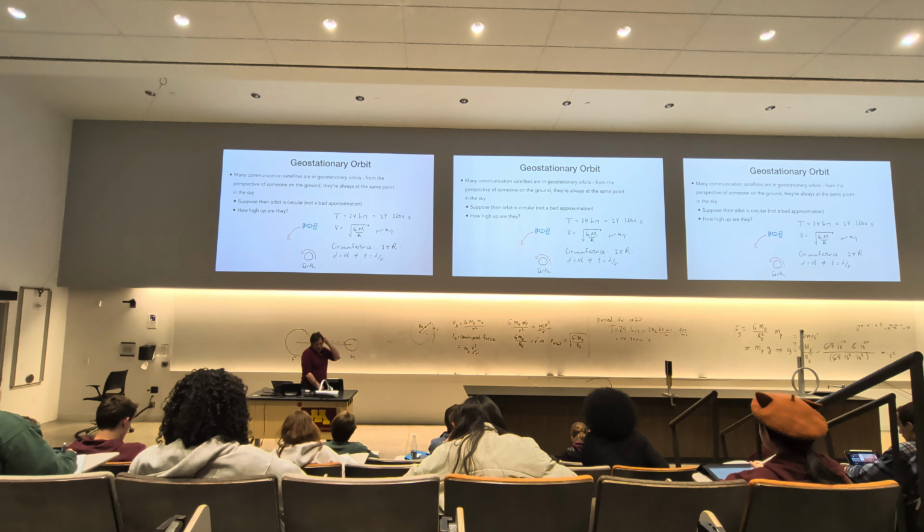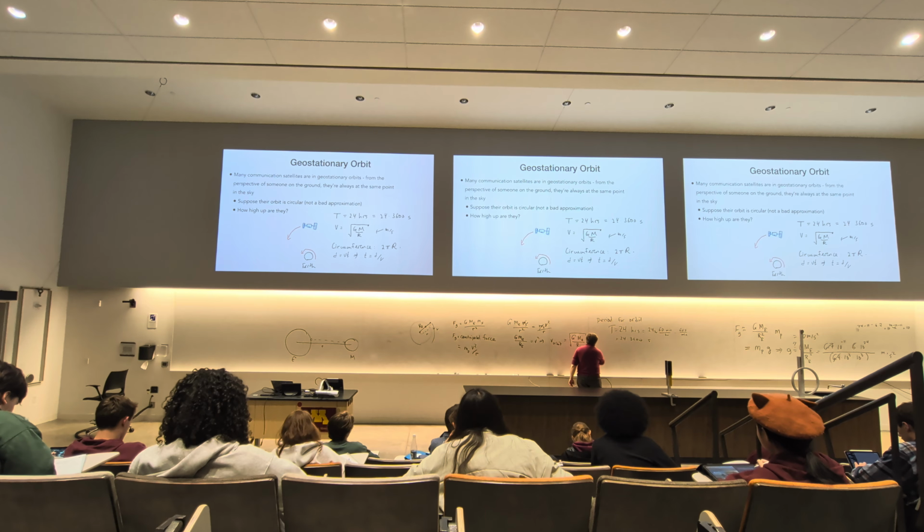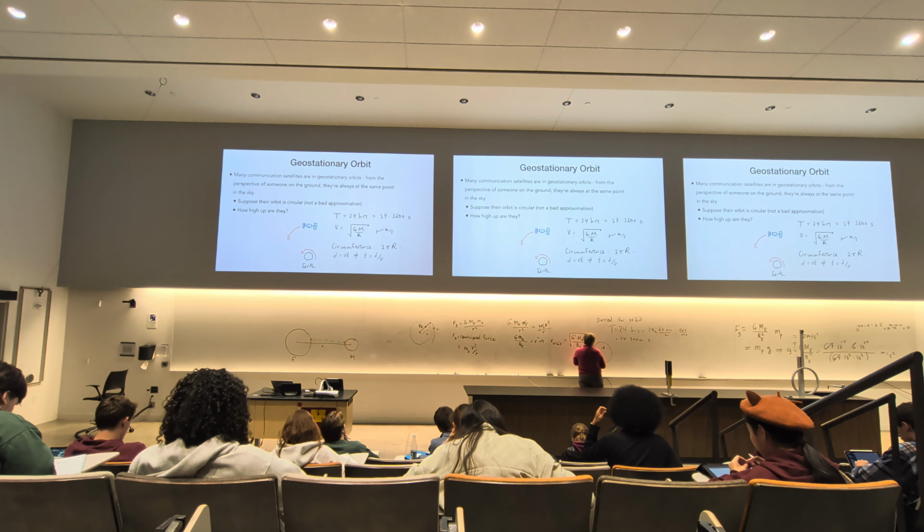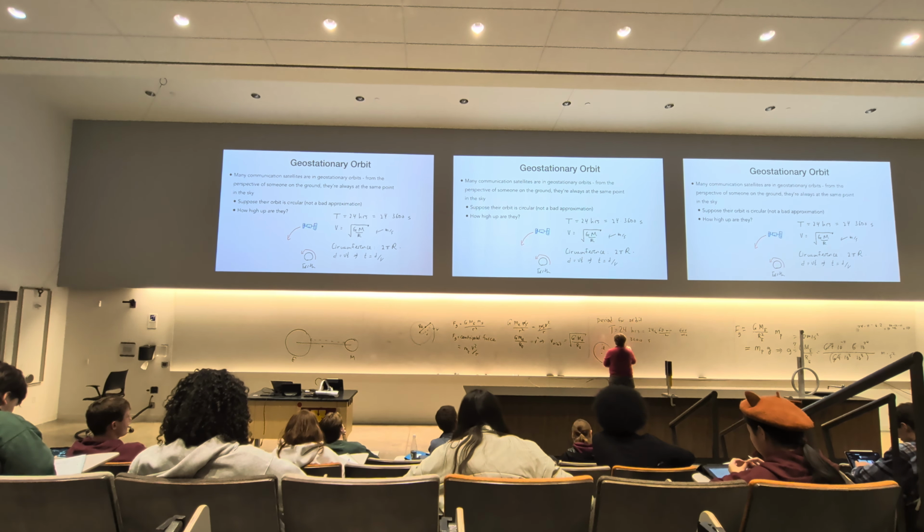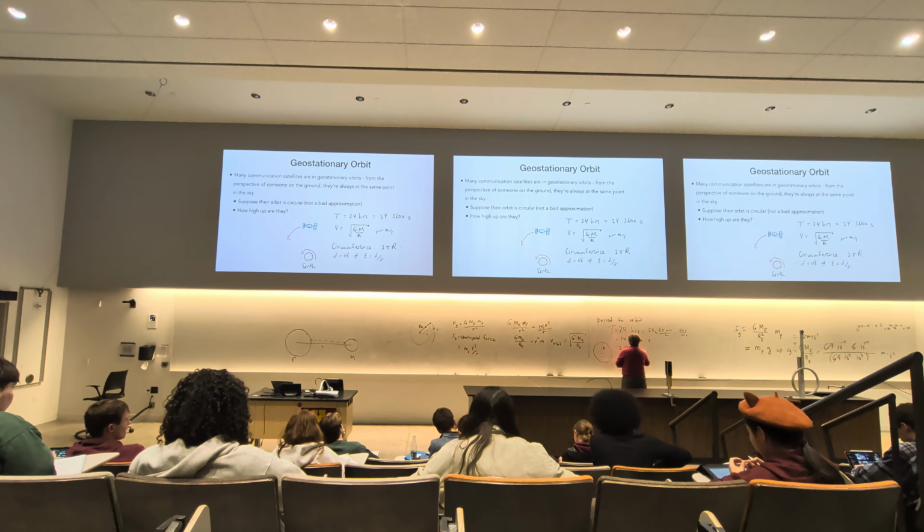Okay. So then, what else do we want to do? So we have an orbit. Here it is. So let's say this is the radius of the orbit, measured from the center of the Earth. So the circumference of the orbit is 2 pi r.